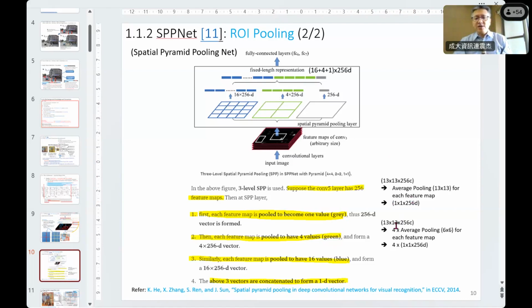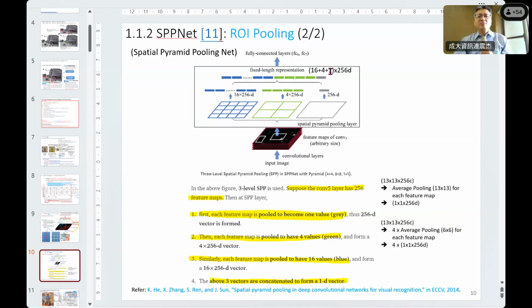Each of these, because you have 256 feature maps, has 256 dimensions. There is also a 16-part division. Total, they do the flatten: 16 plus 4 plus 1, so 21.